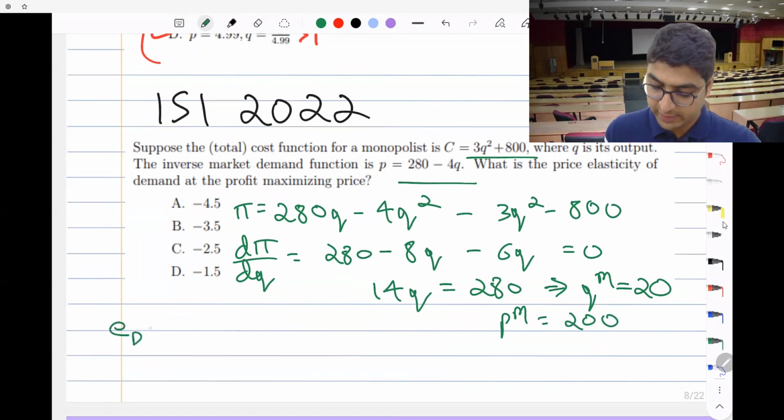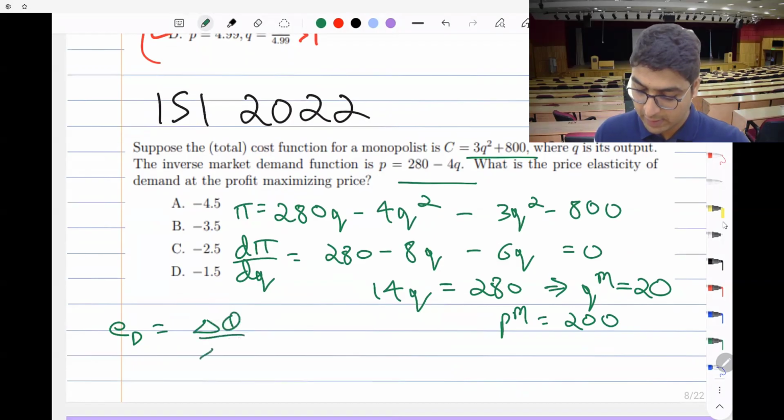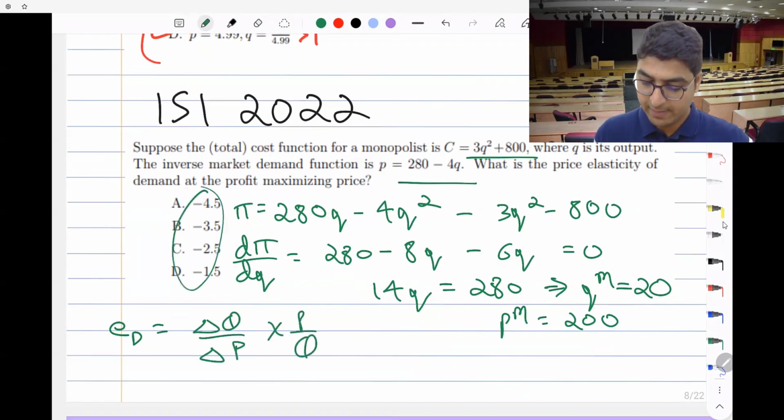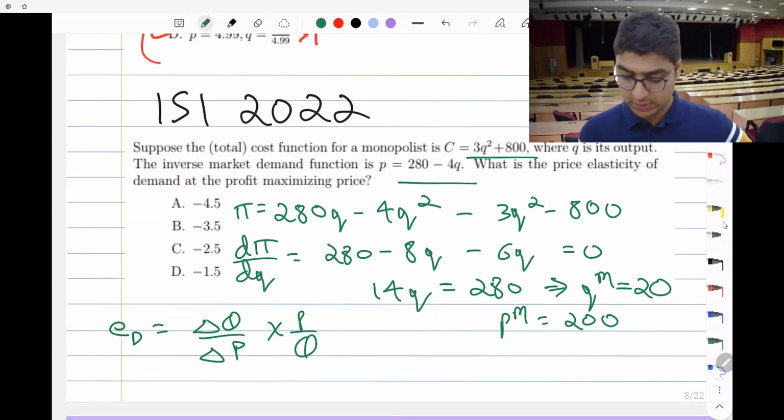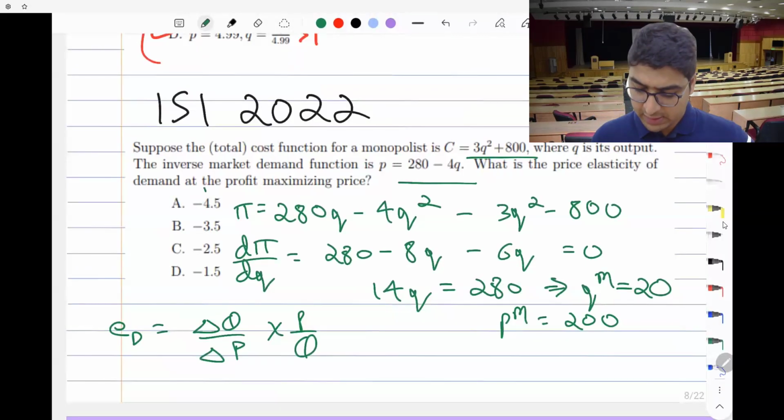That gives us elasticity of demand to be delta Q by delta P into P by Q. Here there are all minus signs, so if I put this minus sign here, then that will give us a positive elasticity. And if I don't take it, then we'll get the negative elasticity. Here it doesn't matter because in all options it's negative only. So let's just calculate the value.